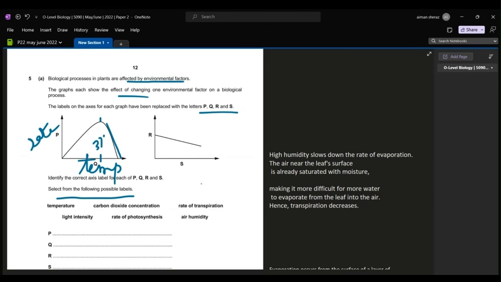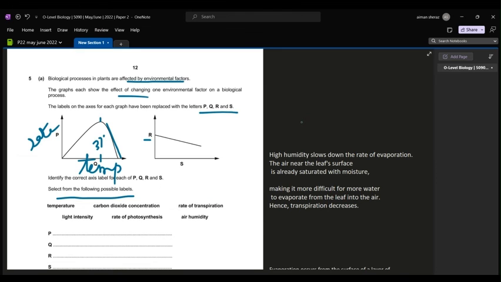Now in R and S, what variables do you have? If you see in R it could have been the rate of transpiration and S could be air humidity. Because if you take light intensity or carbon dioxide concentration, they do not fit this graph well. But if we talk about humidity, if you increase humidity, in high humidity the rate of evaporation or transpiration is slowed down. Why?